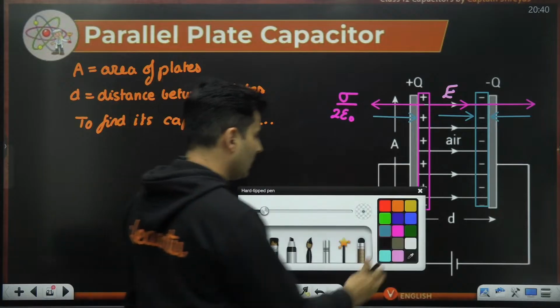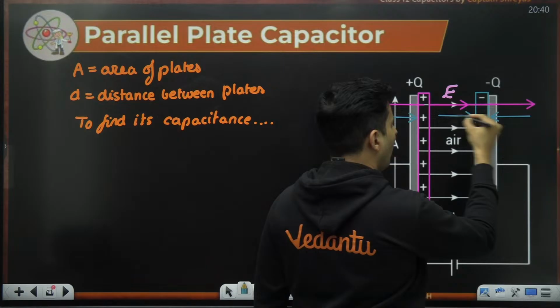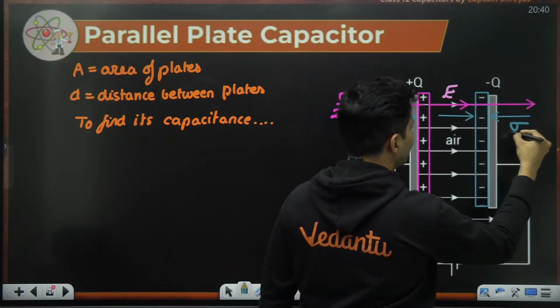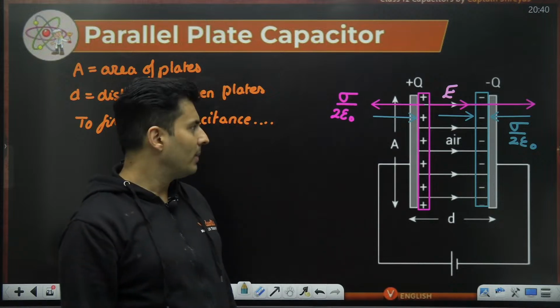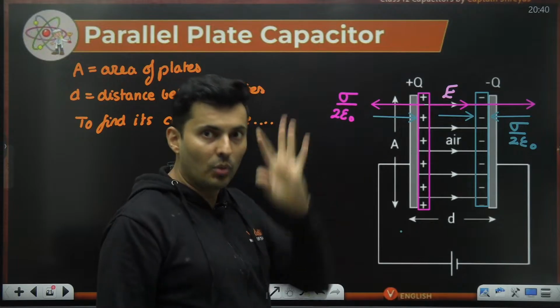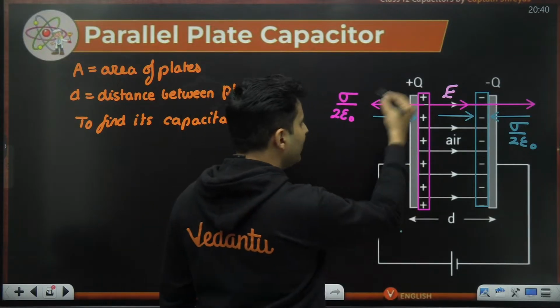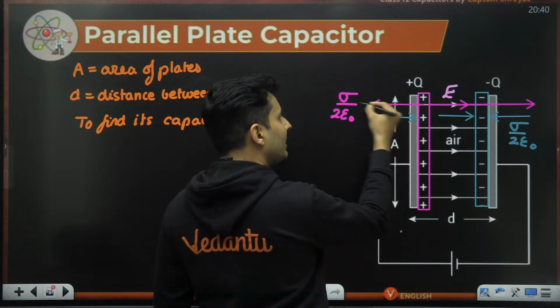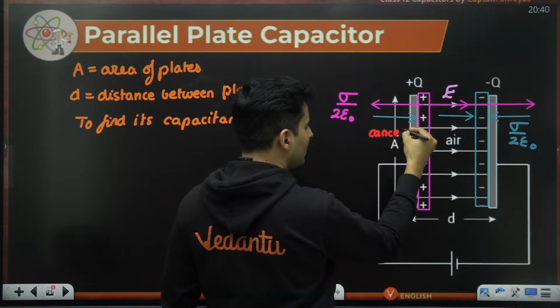Interesting thing to note is that even this magnitude of the electric field will be sigma by 2 epsilon naught, sigma being the charge density, which is the same magnitude-wise. Notice what is happening. On this side, this field is this way, and this field is the other way, so they are cancelling each other.